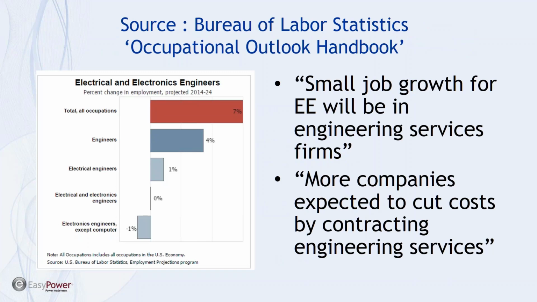If you look at what the Bureau of Labor Statistics says, they anticipate relatively small growth in the EE requirements for power systems engineering, specifically. And they're expected to see more companies cutting costs by contracting engineering services. So while there may not be a lot of organic growth, there's certainly a need for replacements.